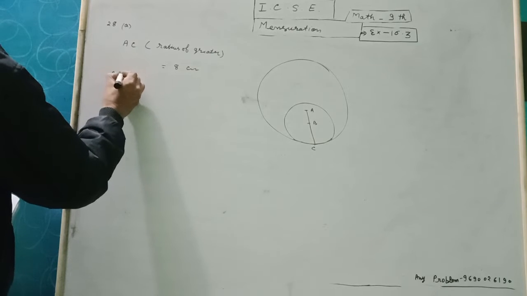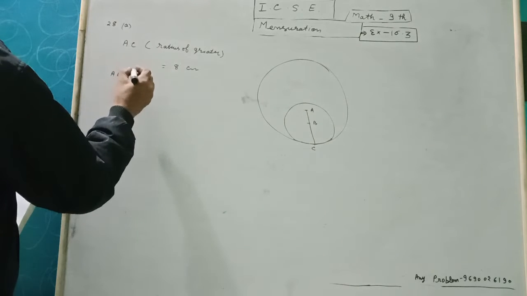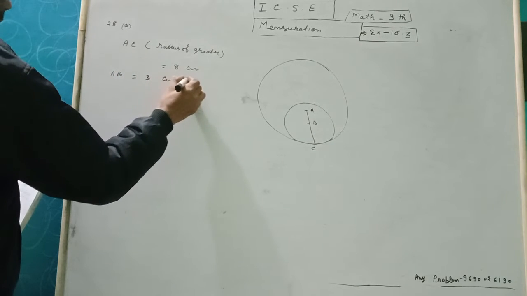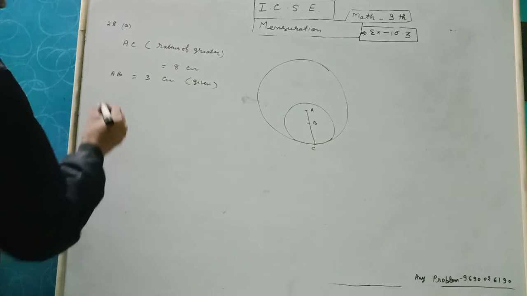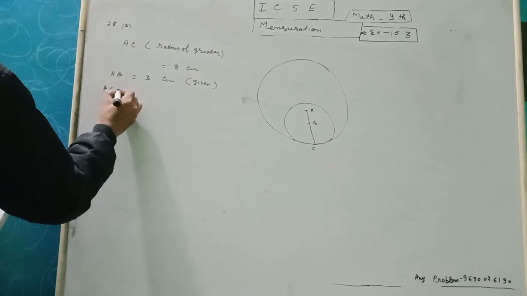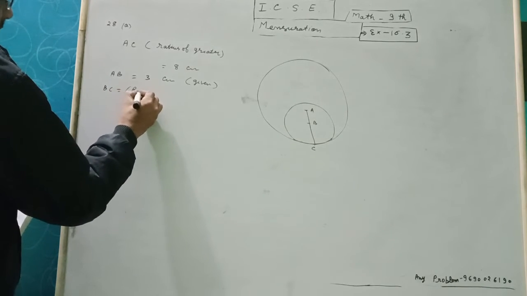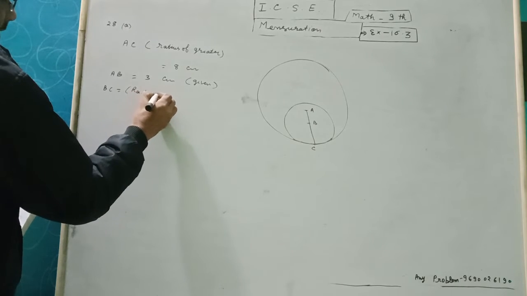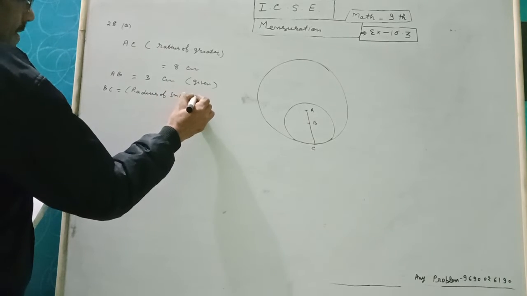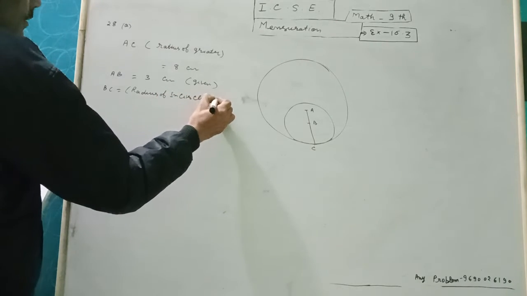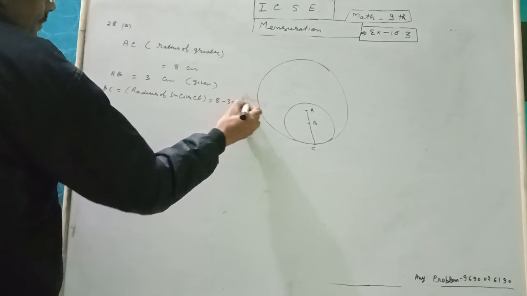AB is equal to 3 cm, given in the question. Then BC is equal to, BC will be the radius of the incircle, is equal to 8 minus 3, is equal to 5 cm.